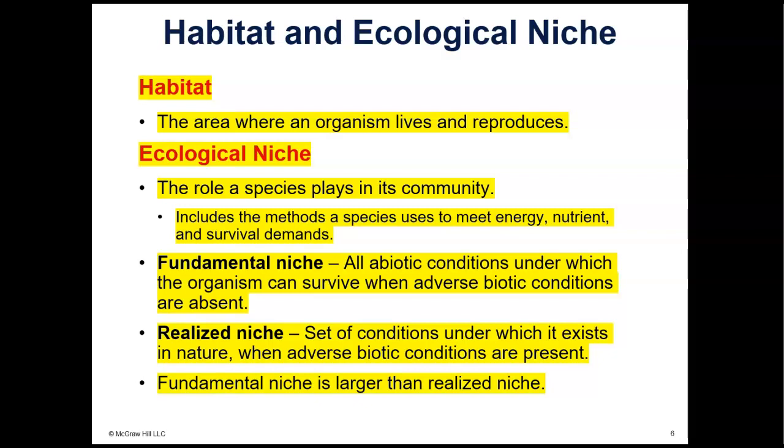So when we say things like consumer and producer and autotroph and heterotroph and predator and prey, these are ways of describing the niche. But also when we talk about the habitat where that organism spends most of its time, that's part of its niche as well. So there's two types of niche.